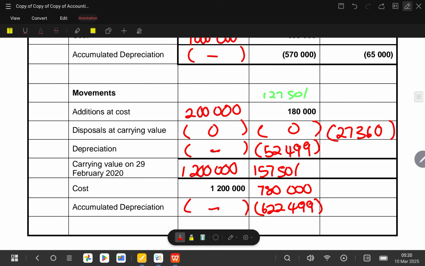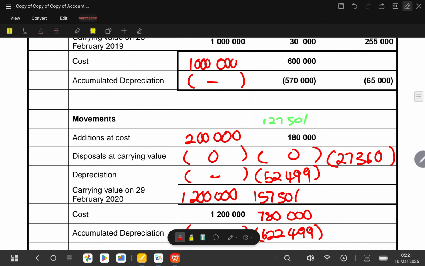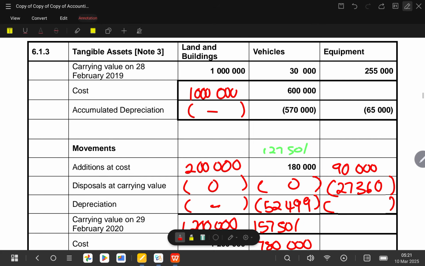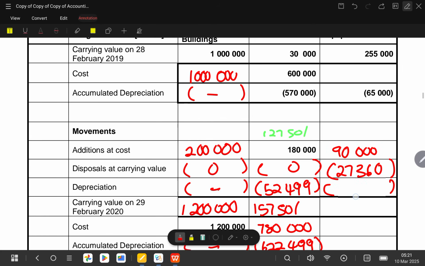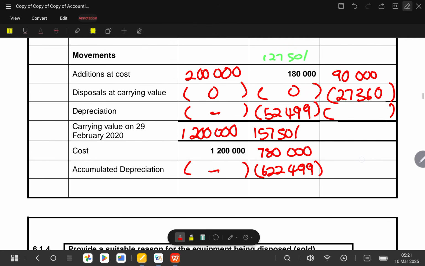So at the end, at the addition at cost, we would have 90,000 here. So the cost, for us to determine the cost price at the end, we are going to say, remember here they didn't give you the cost price of equipment at the beginning, but let's check what did they say with regards to our information.